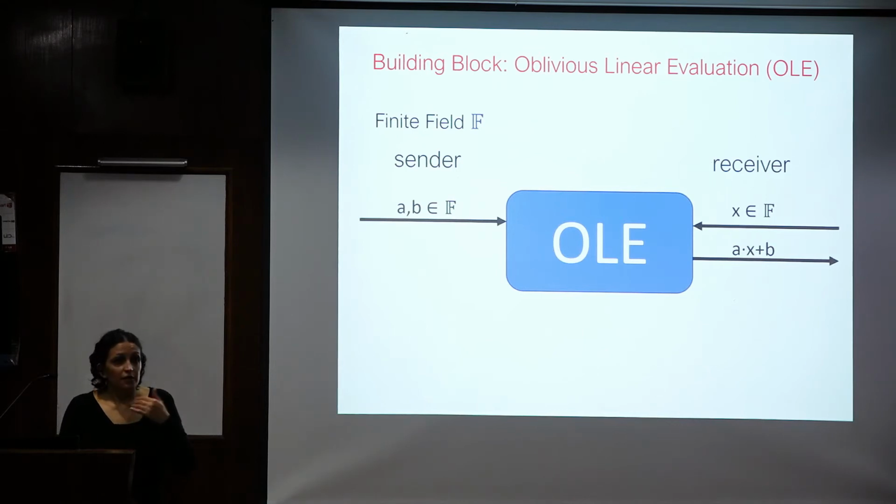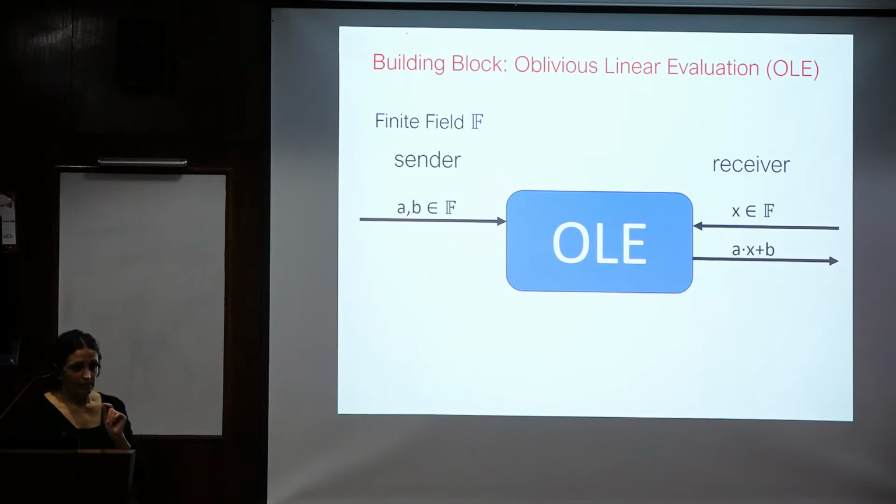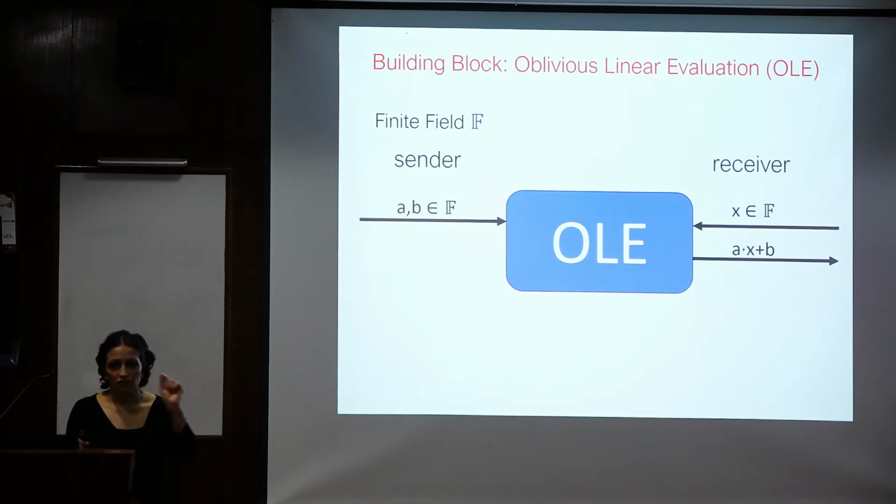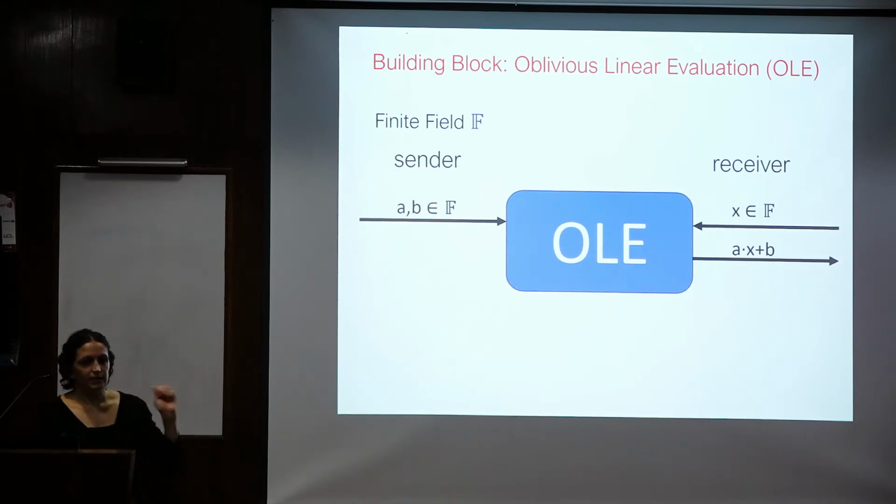Now, an alternative approach would be to use a generalization of OT, an object called OLE, Oblivious Linear Evaluation. And here, the party's inputs are given over some field F. And the goal is for the receiver to learn some linear function of the sender's input, so a times x plus b.